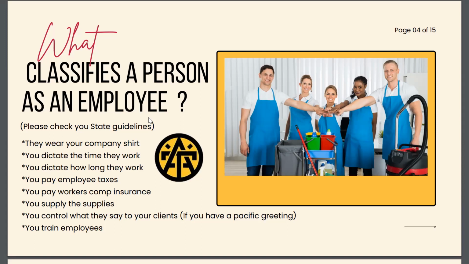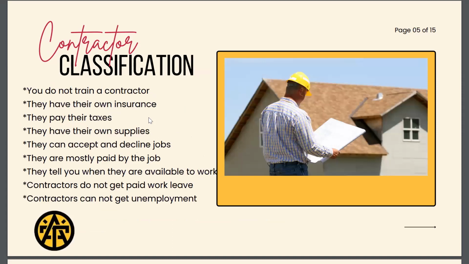For instance, Chick-fil-A. Everybody knows the famous speech of Chick-fil-A, how they say "my pleasure" at the end of every time they give you your meal. Well, they're employees, and Chick-fil-A told them to say that. So you can do that with employees. You can also train your employees. You cannot train a contractor. Make that clear.